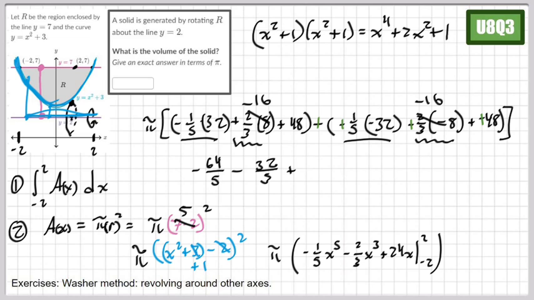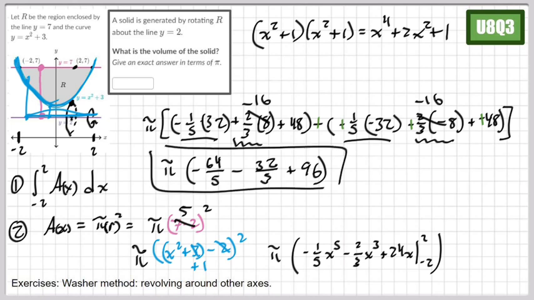And then I add the 48s together, I get 96. Don't forget your pi on the outside. And that's your answer. I know some of you guys are going to want to simplify that. I don't want to. And in fact, you don't have to. With calculus, you don't have to simplify expressions like that. Now, you don't want to ever leave a fraction inside of a fraction, but this would be sufficient for your answer.